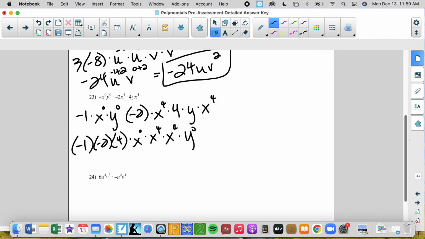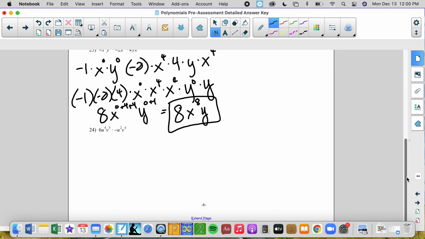We have y to the 0 and y. Negative 1 times negative 2 is positive 2. 2 times 4 is 8. X to the 0 plus 4 plus 4. Y to the 0 plus 1, which gives me a final answer of 8 x to the 8th y.